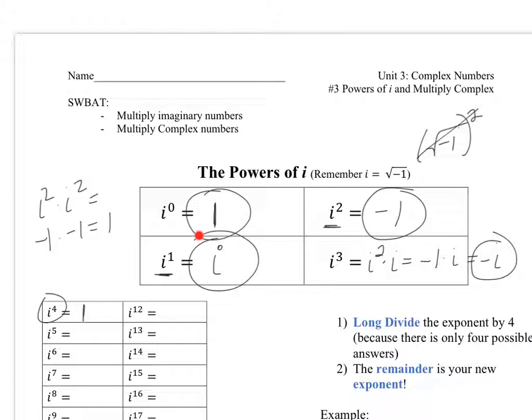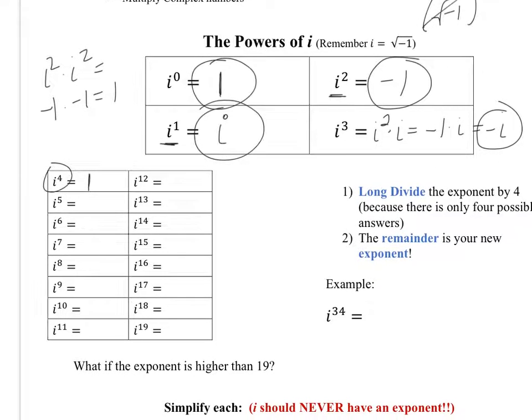The next answer is i, because we take 1 and multiply it by i. i to the 4th times i is just i, and then this pattern keeps going. So then it's -1, -i.